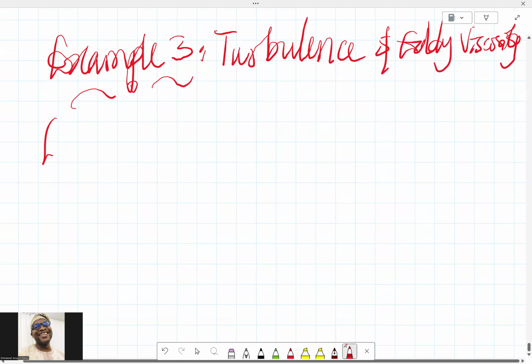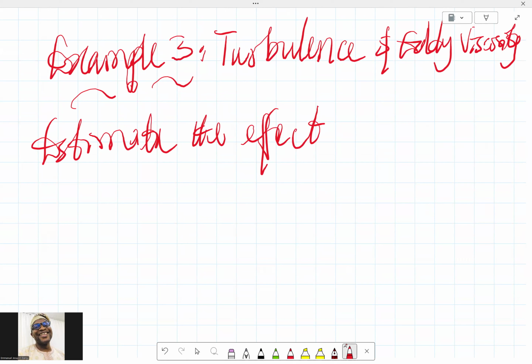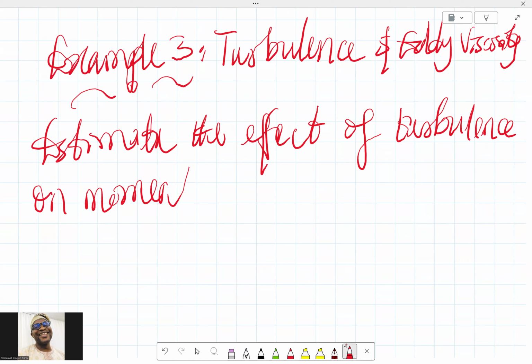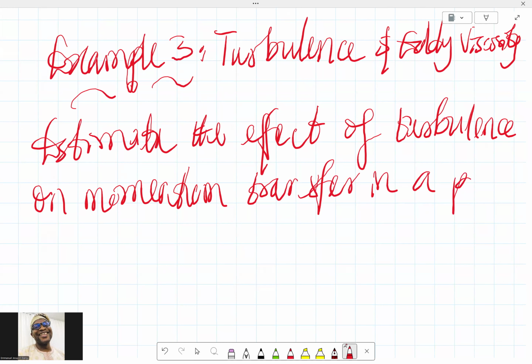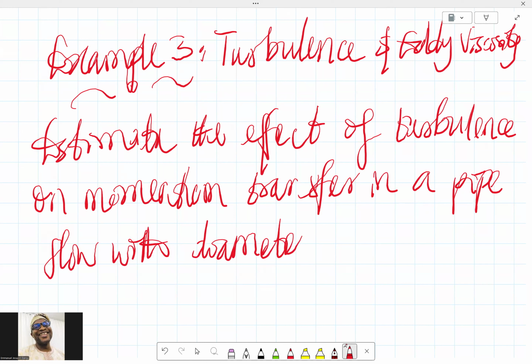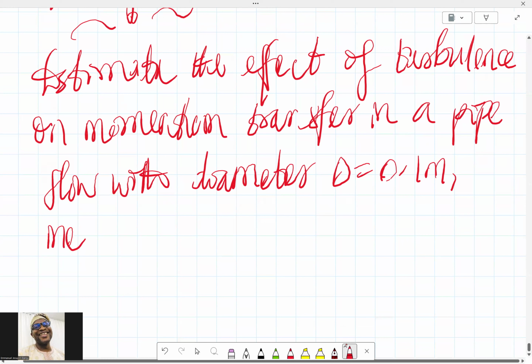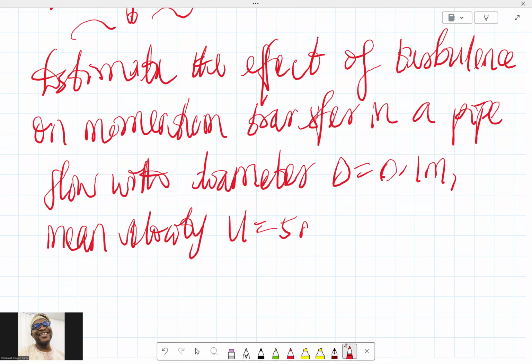Okay, so here we want to estimate the effect of turbulence on momentum transfer in a pipe flow with diameter d equals 0.1 meter, mean velocity u equals 5 meters per second.